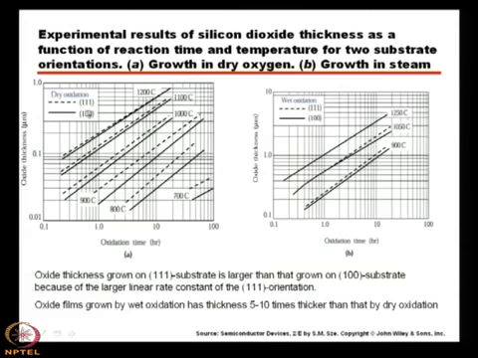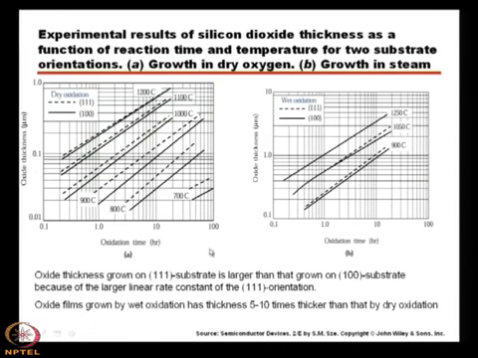Because the density of the bonds is higher in the case of 111 orientation, the growth rate is higher, the linear rate constant is higher, and so the oxide thickness grown is also higher.